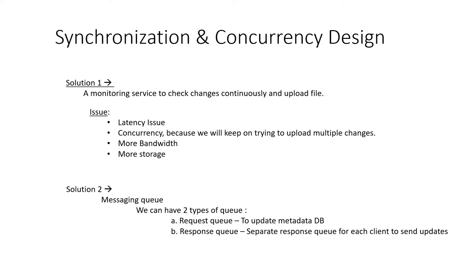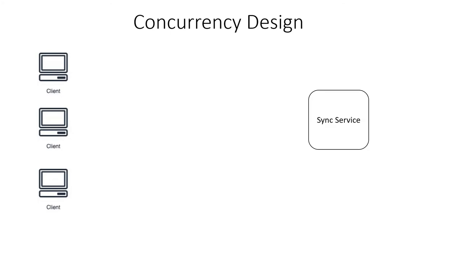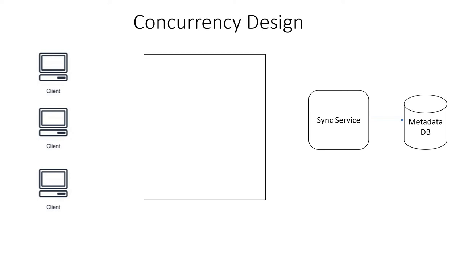Now let's look at it via an example. So the design could be something like this. We have multiple clients, we have a sync service and a database. The sync service will update the database. Also we can have queues. The first is a request queue. If any of the clients update anything, they can send the request to the request queue.